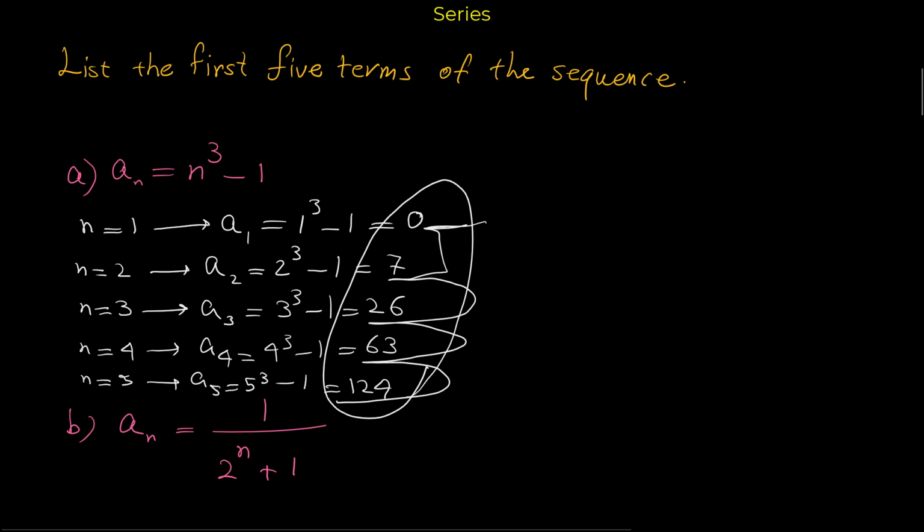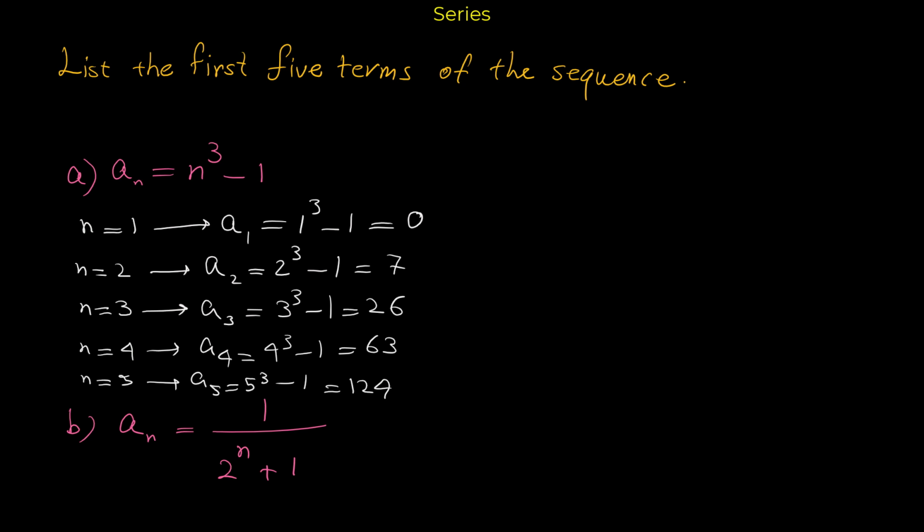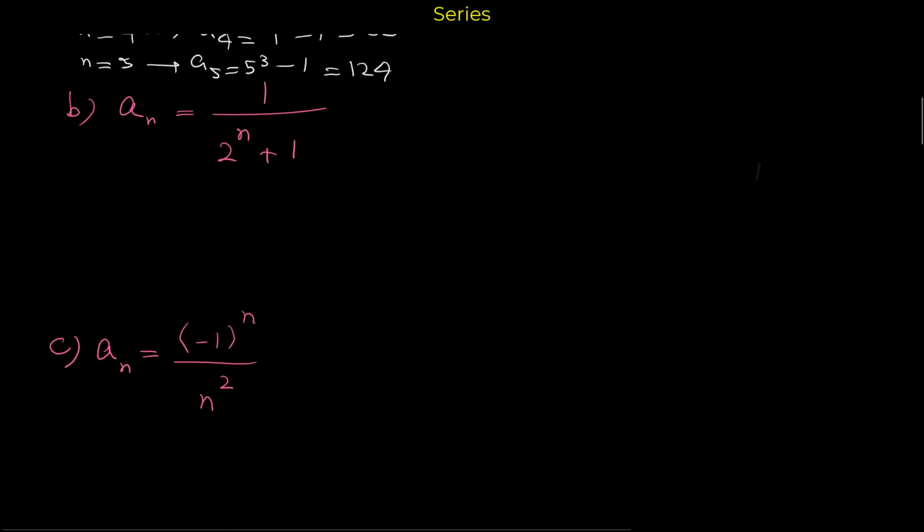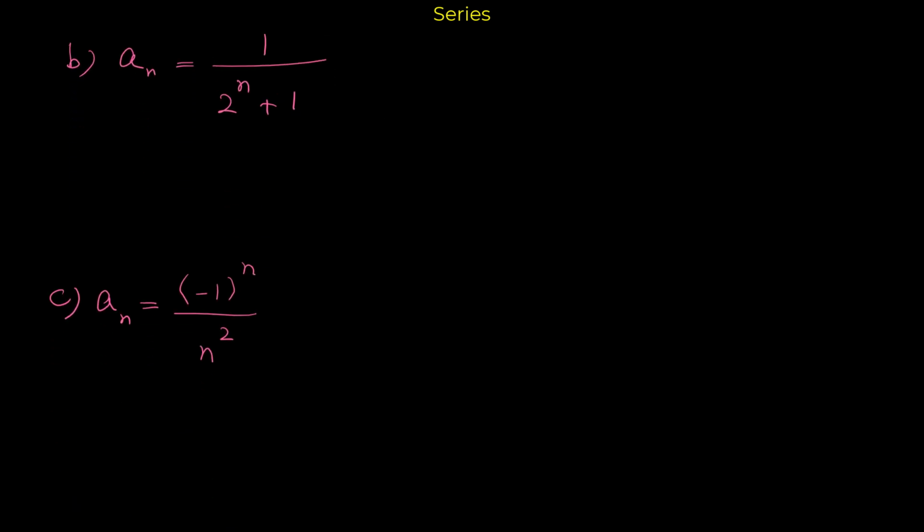By looking at these terms, we can see that they gradually increase without bound. They get bigger and bigger. So we can guess that this given sequence is not convergent, and we can guess that it diverges to infinity. But this is not the topic of this video. We just want to list the terms of the given sequence.